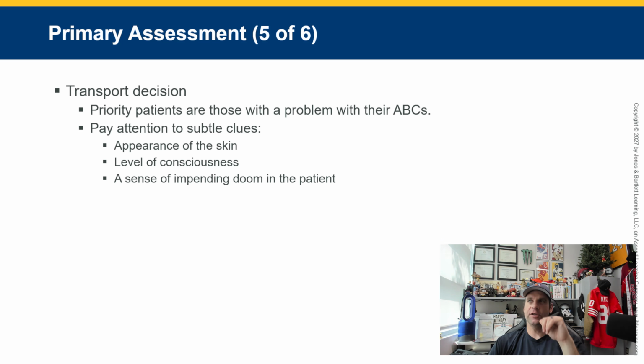A patient knows their body, so they have this internal feeling that something isn't quite right. There's something called a sense of impending doom. That shouldn't just be dismissed as fear. It's an actual legitimate symptom a patient feels when their body is giving a warning that something is going seriously wrong. It's a significant clinical finding.